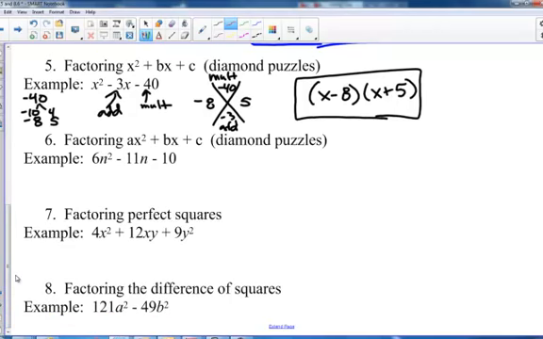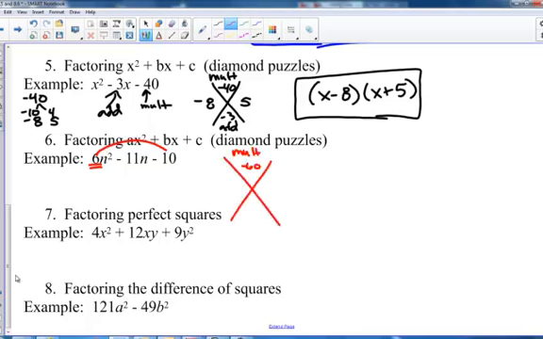And then we factored where we had a number in front of the x squared. So we multiply the first times the last. So that's negative 60. So it multiplies to give you negative 60, and it adds to give you negative 11. Okay, so negative 60, the bigger number is going to be negative.